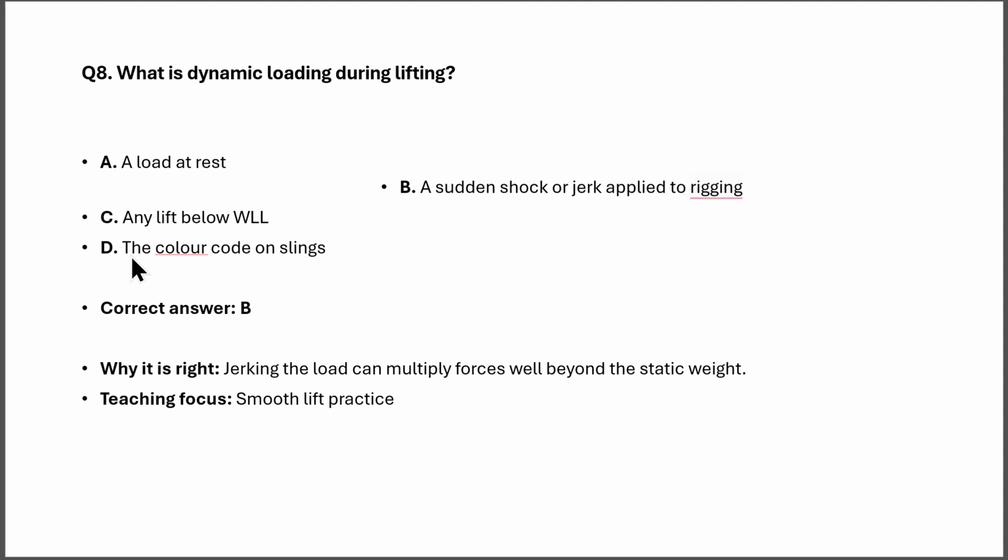D. The color code on a sling. Correct answer is B. Why it is right. Jerking the load can multiply force well beyond the static weight. Teaching focus. Smooth lifting practice.